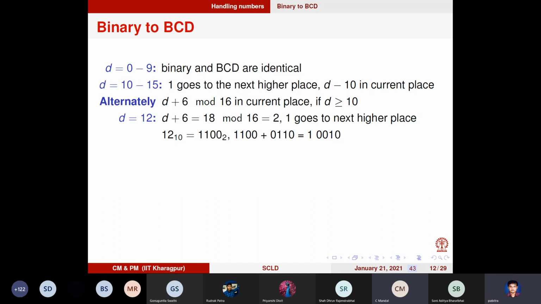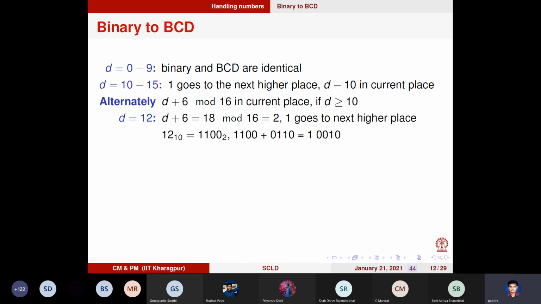So basically, A mod 10 is A plus 6 mod 16, for 4 bits. Since we prefer to take mod 16, we add 6 and then take the mod. Okay, so this is fine.